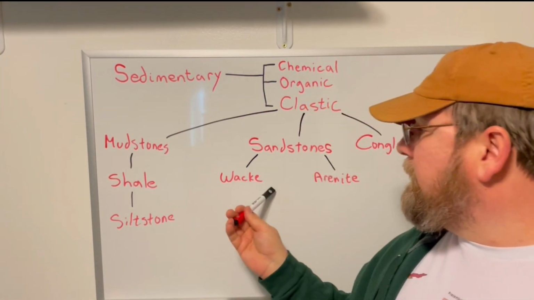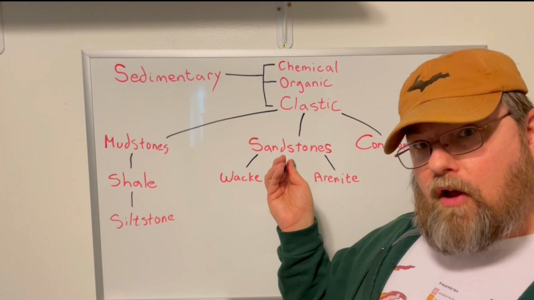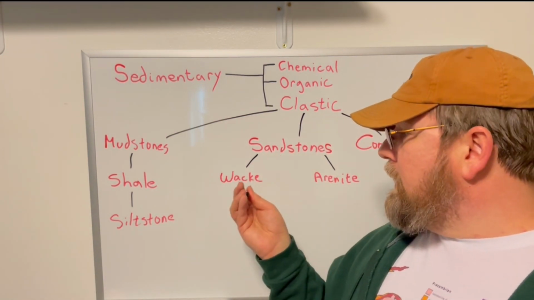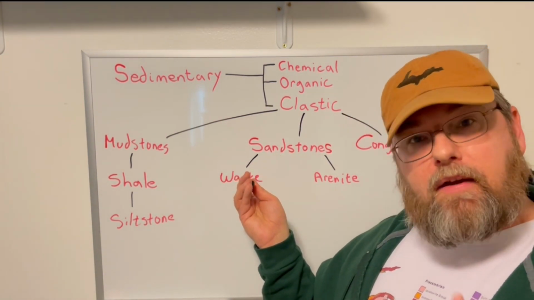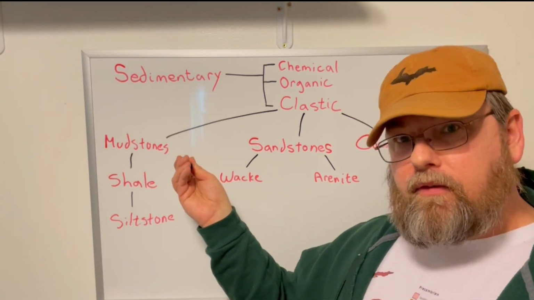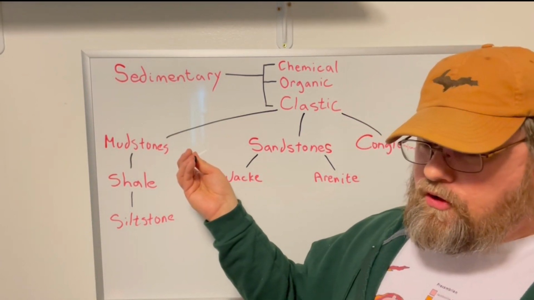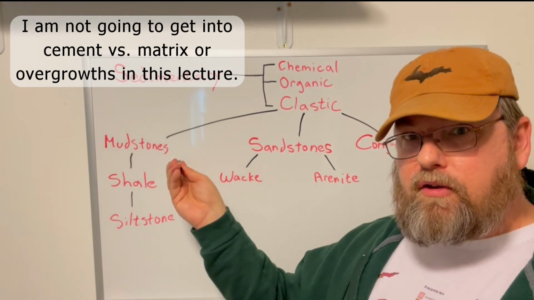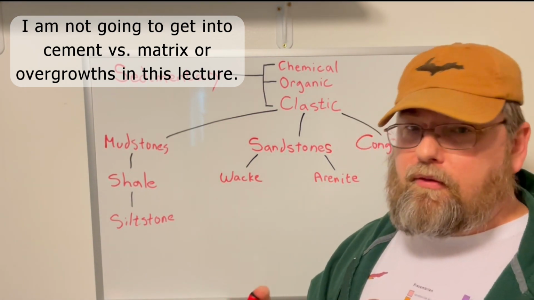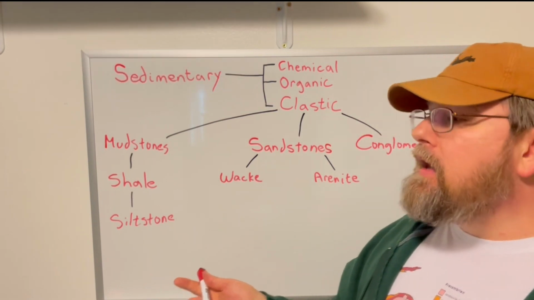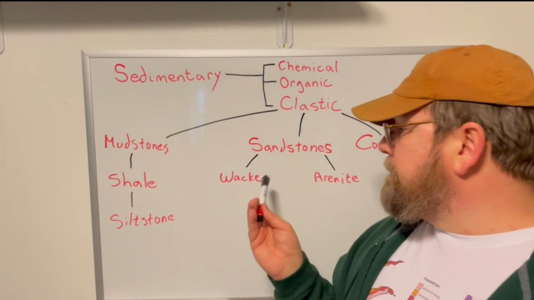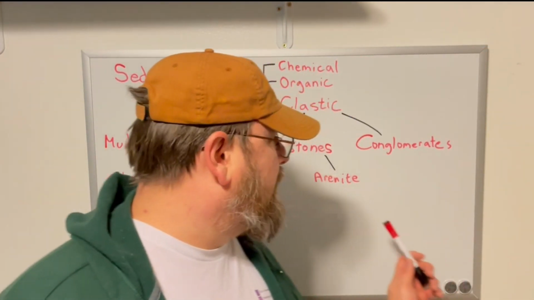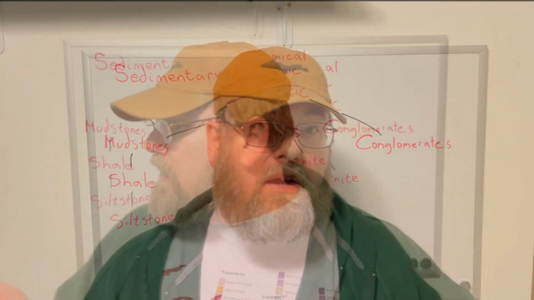So our wackies are sandstones, based off grain size, that contain 15 to 50% mudstones plus or minus. And if it's calcareous, you can put that in there too, because those calcareous parts are usually microscopic anyway. So those are wackies. Now your Erenites are that 0 to 15% fines.